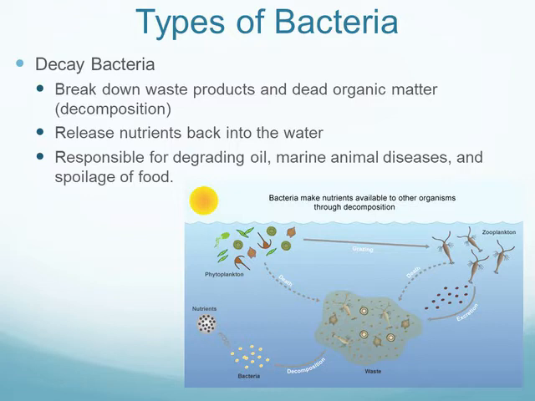And then some of these decay bacteria are responsible for diseases. So a lot of the shellfish diseases are because of decay bacteria and spoiling of food. So if you guys remember the outbreak, I believe it was hepatitis A outbreak for the scallops at Genki Sushi.